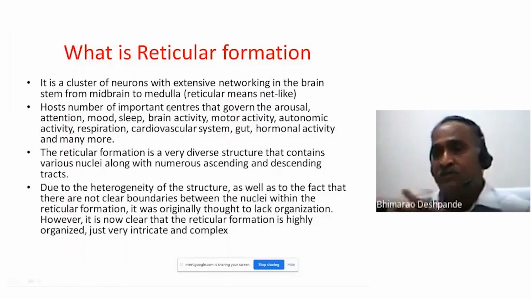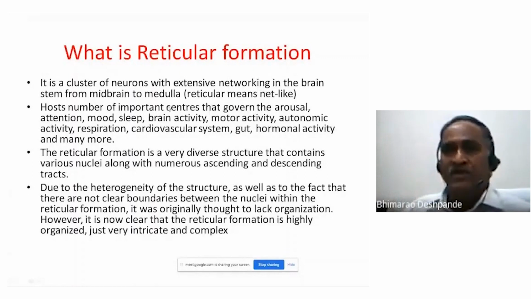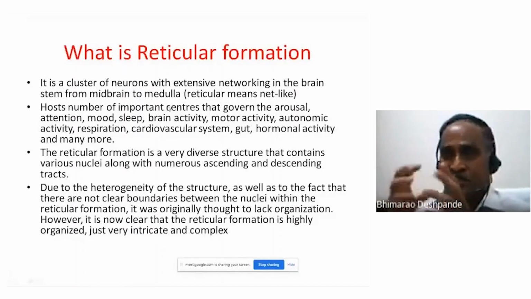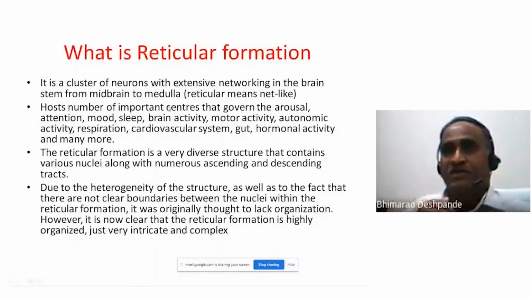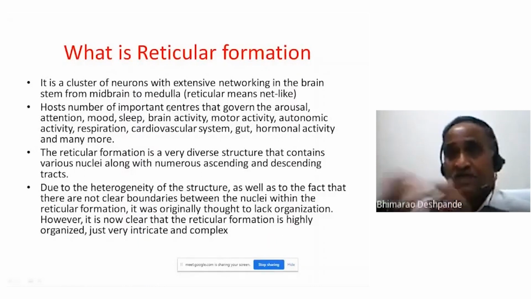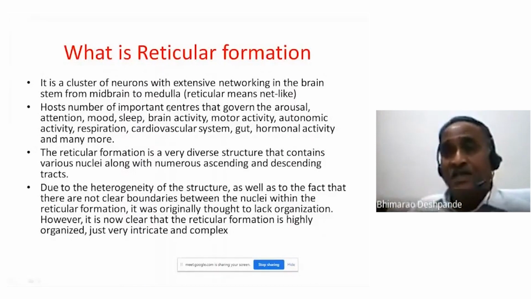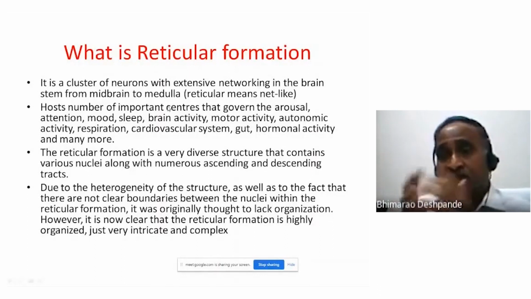Then mood. All those mood changes are brought about by the limbic component. That is through the hypothalamus, they are governed through the autonomic responses here through the reticular formation. That means all my facial expressions coming through the facial nuclei and the eyeball movement coming from the oculomotor and trochlear nerves.